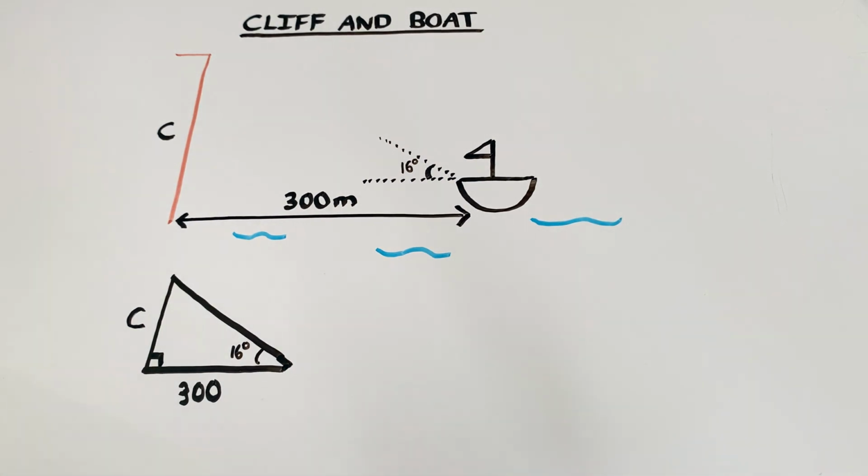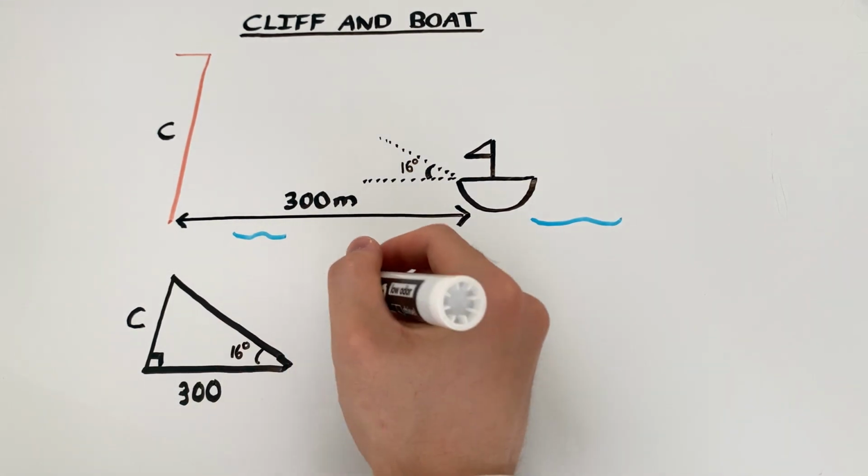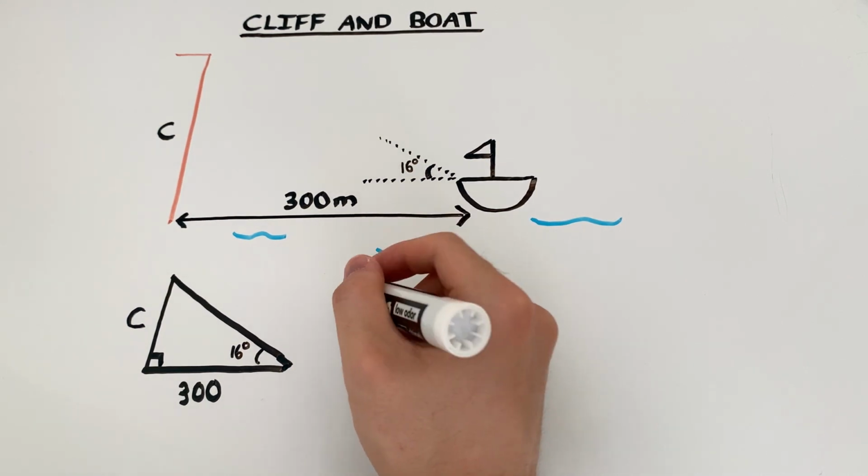And hopefully this is becoming familiar to you. So we have an angle, and relative to this angle, we have the opposite side, C, and the adjacent side, 300. So once again, what do we have? Well, this is a problem involving tangent.